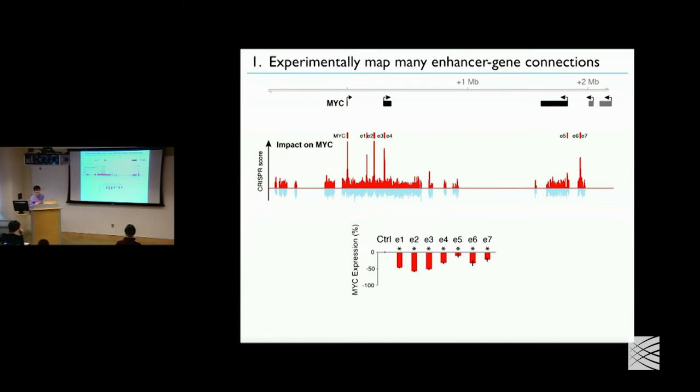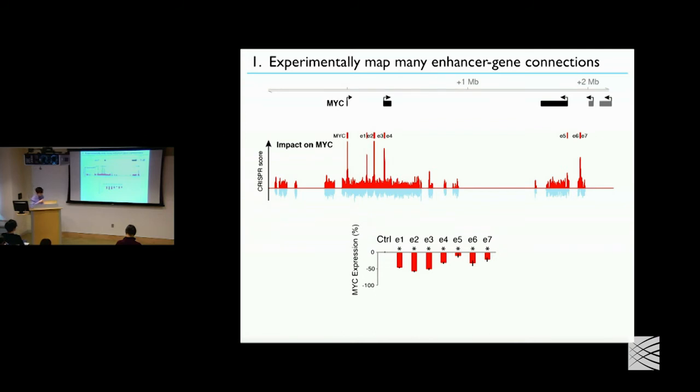Yes? Do you think it would be worth it at all to fill in the regions that didn't score with the K27 acetylation? So these regions cover many regions that don't score, or that are not K27 acetylated, and all of the regions that do score are K27 acetylated. And we have not found so far any regions that score that are not K27 acetylated.